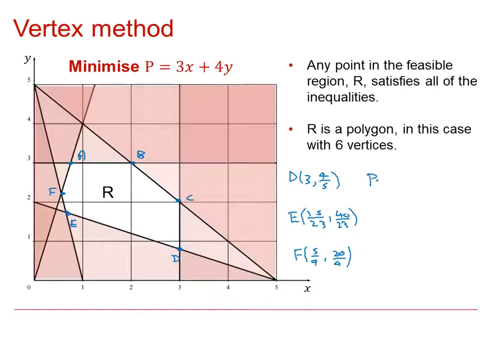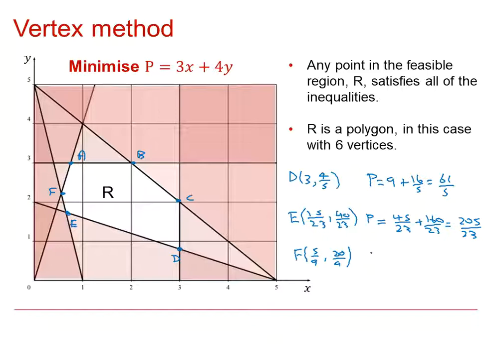So P at D is 3 times the x coordinate plus 4 times the y coordinate, which is 61/5. P at E is 3 times the x coordinate plus 4 times the y coordinate, which is 205/23.